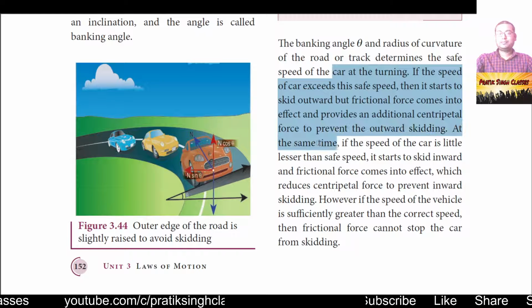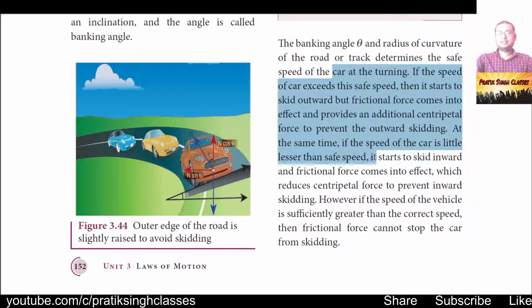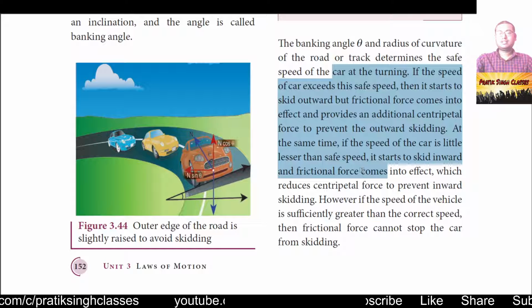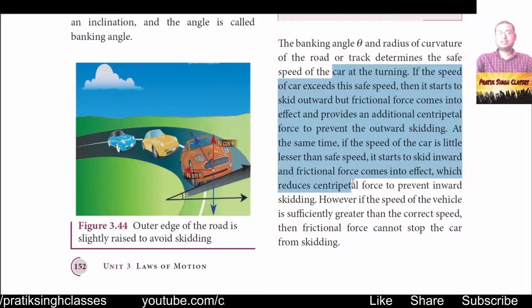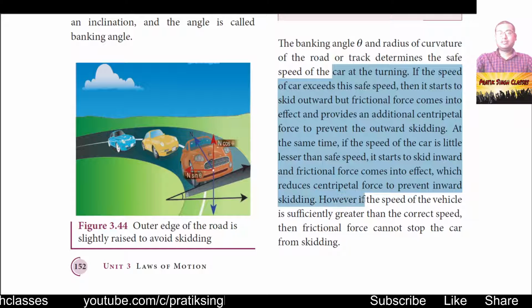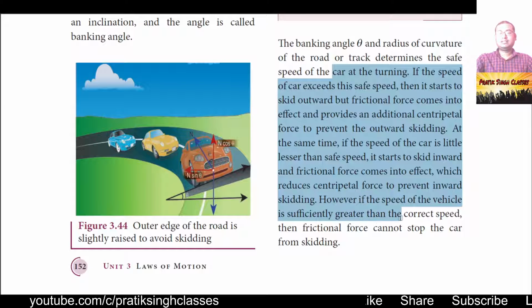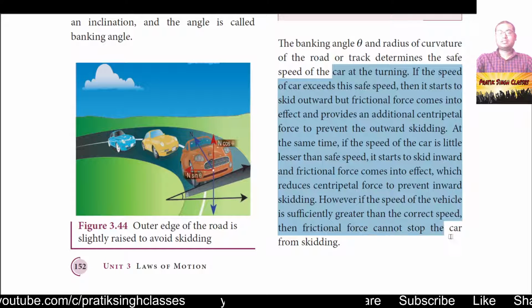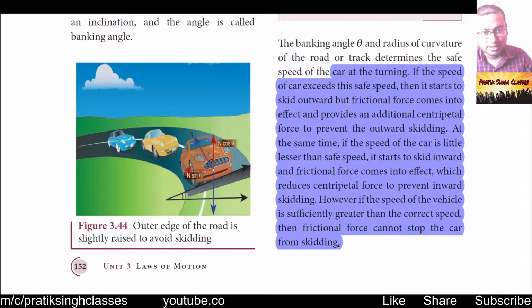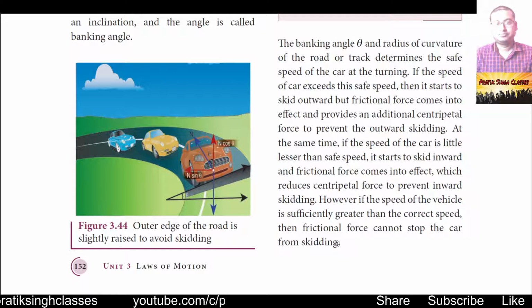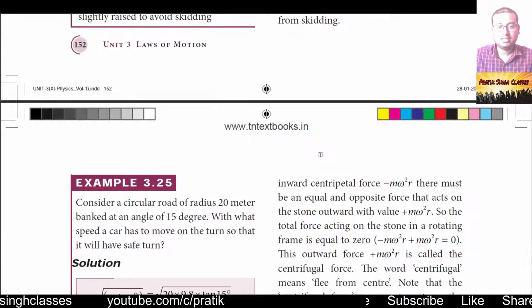At the same time, if the speed of the car is a little lesser than safe speed, it starts to skid inward, and a frictional force comes into effect which reduces centripetal force to prevent inward skidding. However, if the speed of the vehicle is sufficiently greater than the correct speed, then frictional force cannot stop the car from skidding, either outward or inward. So everything must be in limit.